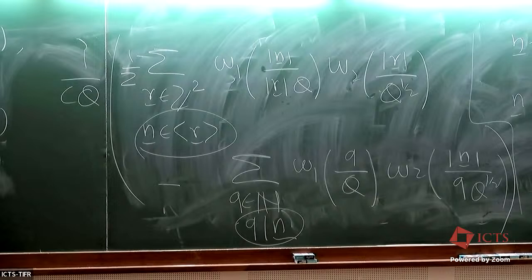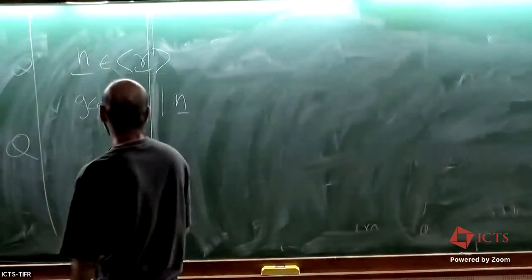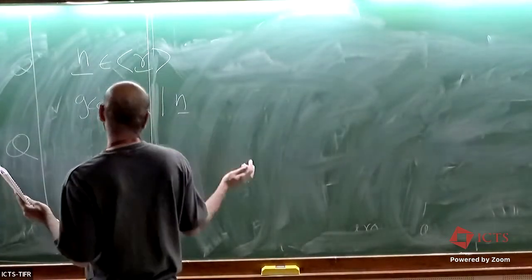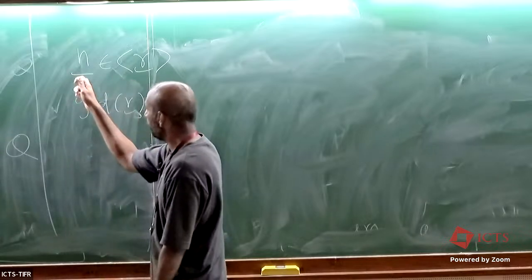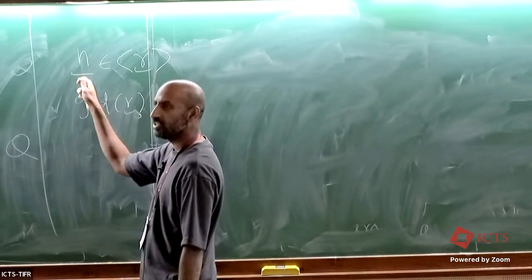How can I make sure that N is in R? This has to be a multiple of R, right? First of all, the GCD of R must divide N. And the other one is, if I write R as a GCD times a primitive vector, then the primitive vector perpendicular dot N should be 0.